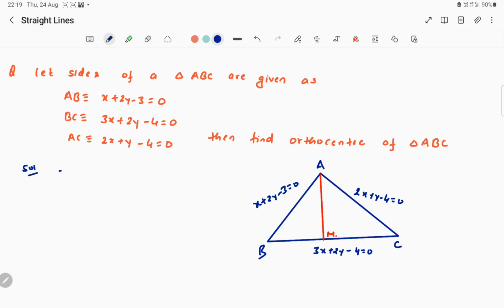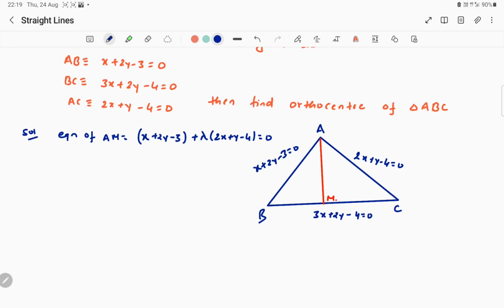So what I can say is the equation of AM can be given as x plus 2y minus 3 plus lambda times 2x plus y minus 4 equal to 0. So when you simplify this, you get x into 1 plus 2 lambda, y into 2 plus lambda, and minus 3 minus 4 lambda equal to 0.